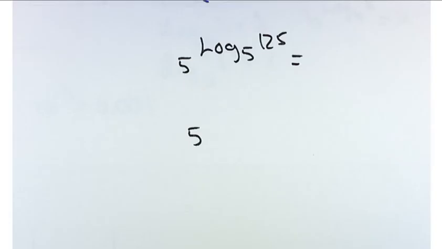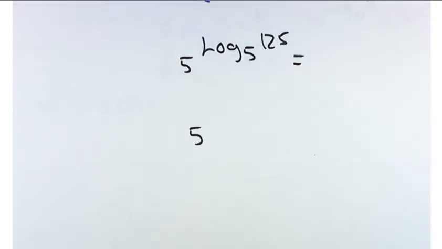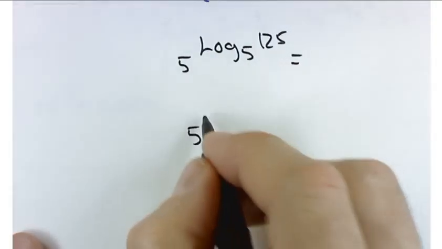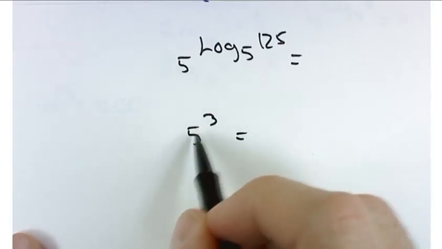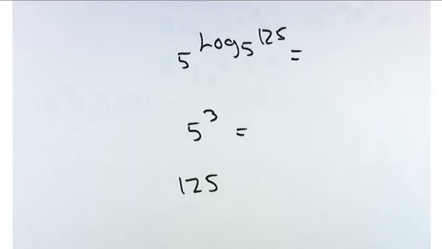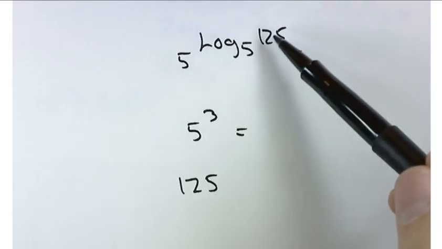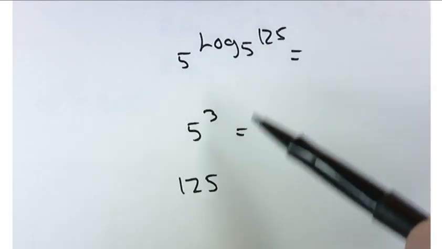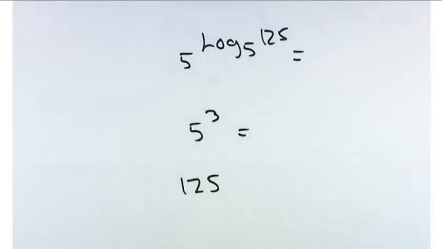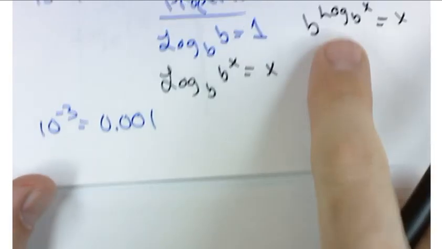What power of 5 gives you 125? 3. All right. And now when I raise 5 to the 3rd power, what do I get? 125. So you're kind of going in a circle, right? You figure out, well, gee, what power of 5 gives me 125? Okay, it's 3, and then I raise 5 to that power. So then you get back to 125. They cancel each other out. They're inverse operations. All right, so that's another one of our properties.